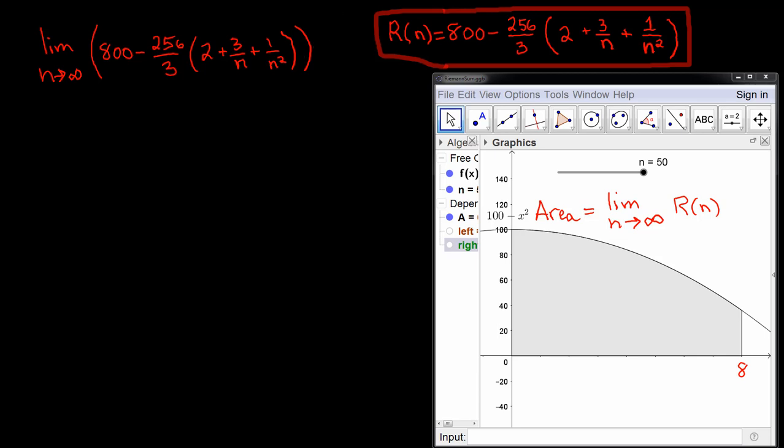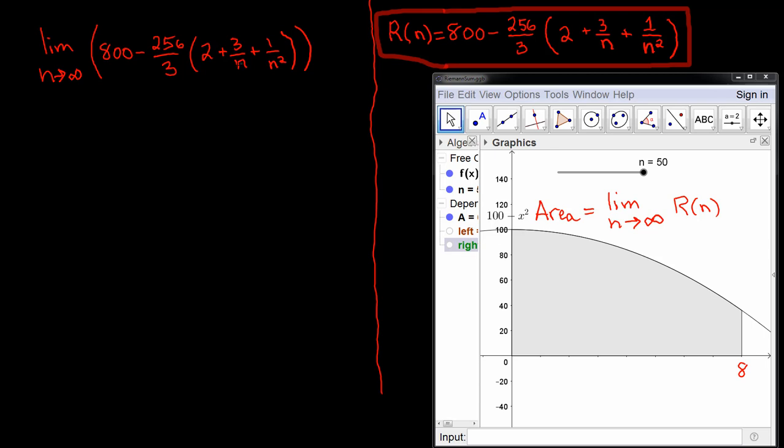So I want to compute that limit. And this actually is thankfully a very easy limit. Because let's see, the 800, it doesn't care about n. The 256 over 3, it doesn't care about n. The 2, it doesn't care about n. But the 3 over n, it cares about n.